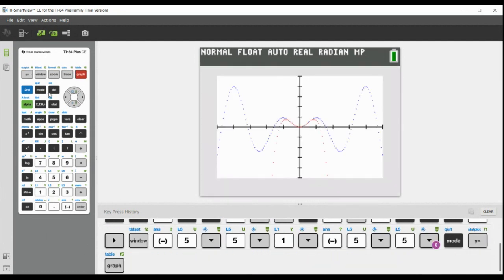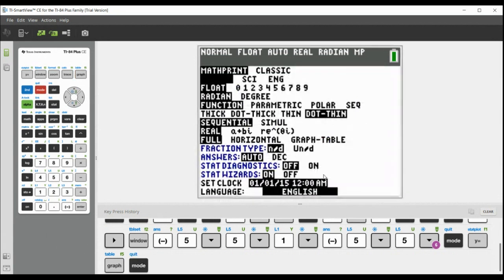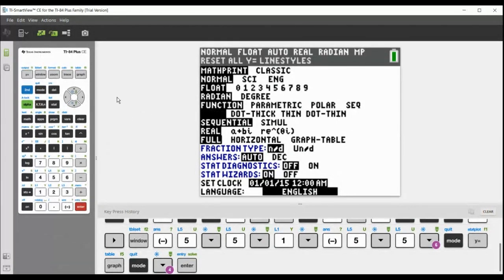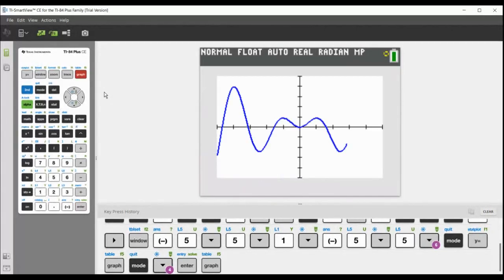Now, let me go back into mode here. I want to change the thick setting that I had back when we were graphing sequences. Okay, there we go.